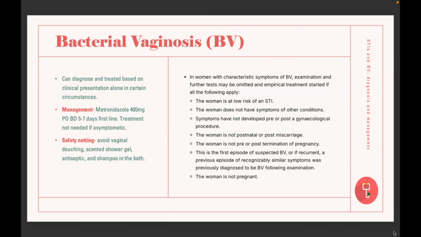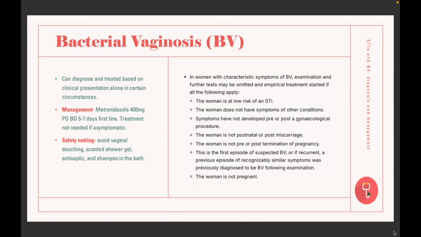Or if it's their first episode of suspected BV, and that they're not pregnant. So treatment-wise, it's metronidazole 400 oral twice a day for 5 to 7 days. That's your first line. You don't need to treat BV if it's asymptomatic. If it's not bothering the patient, that's absolutely fine.